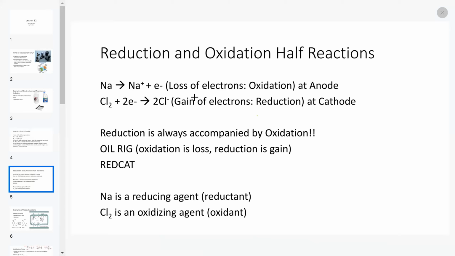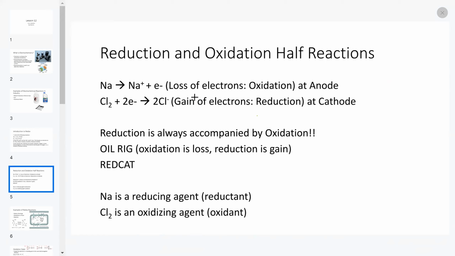So here are two mnemonics. OIL RIG: oxidation is loss, reduction is gain of electrons. And RED CAT: reduction happens at the cathode. Oh, there's another one I know. Oxidation and anode both begin with vowels, and reduction and cathode both begin with consonants.